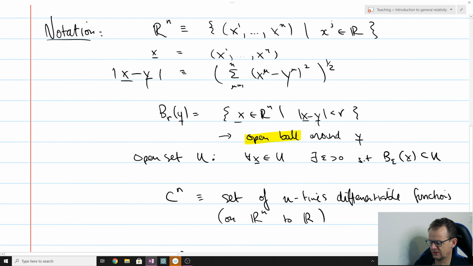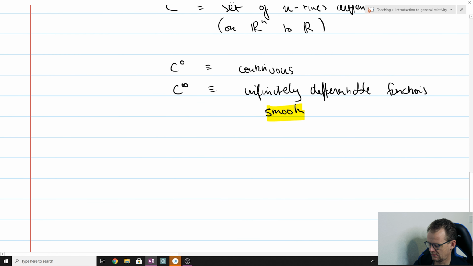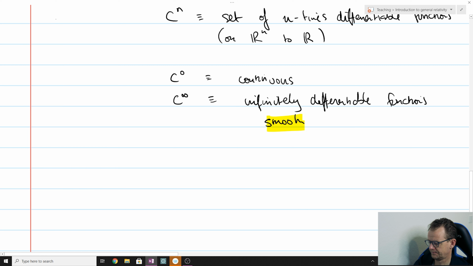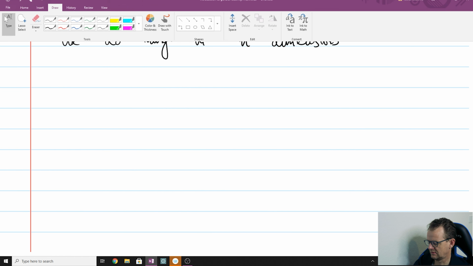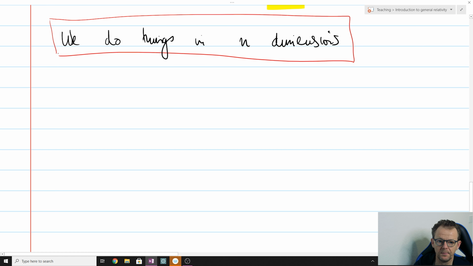Okay, now with this notation around, we can start the long process of defining what is meant by a manifold. Now in this course, I'm going to do everything pretty generally. We're going to do things in n dimensions. So you might wonder, why are we doing things in n dimensions when we obviously live in a 4-dimensional space-time?